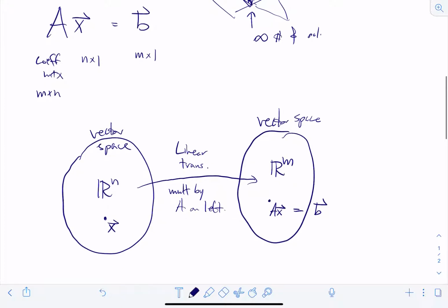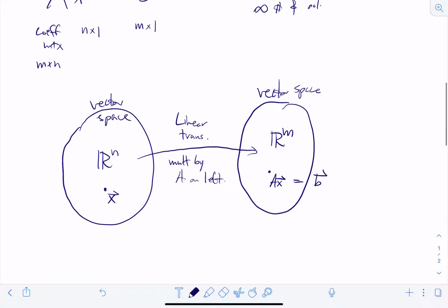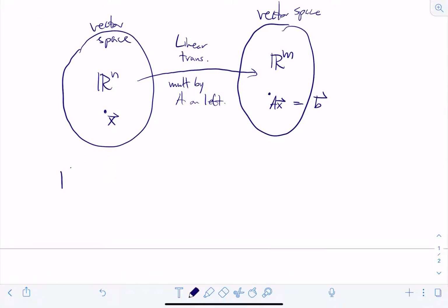And when we think of it as a linear transformation, what does solving this linear system mean?